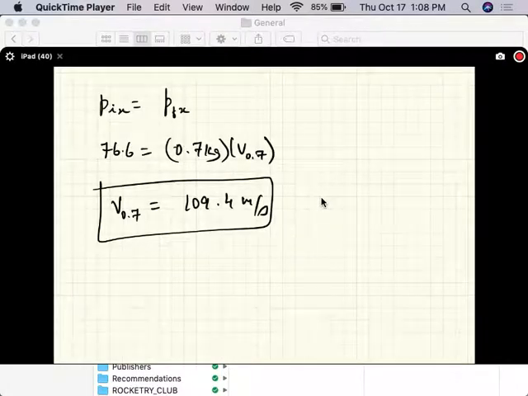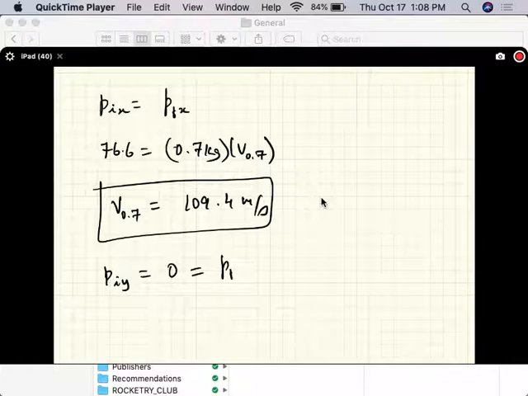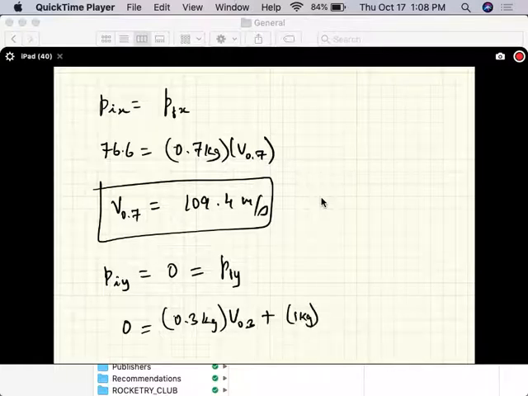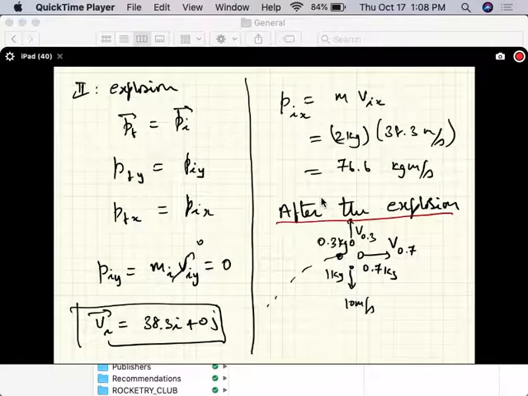All right, let's look at the y component of the velocity. P initial y, equal to 0, should equal P final y. So 0 should equal 0.3 kg times V.3 plus 1 kg shot down at minus 10 meters per second. It was going downwards and our y-axis is pointing up.